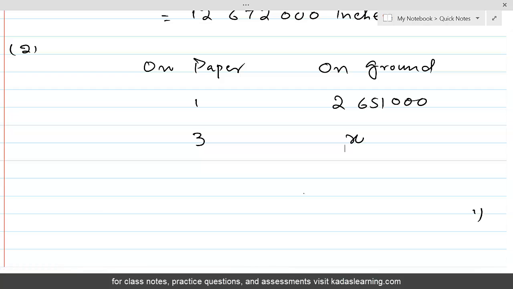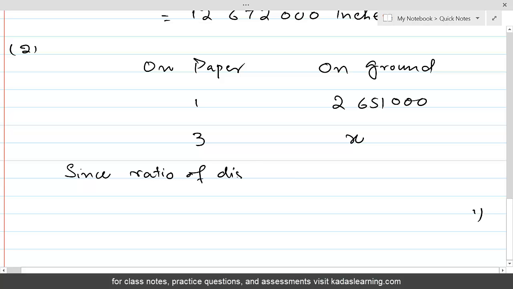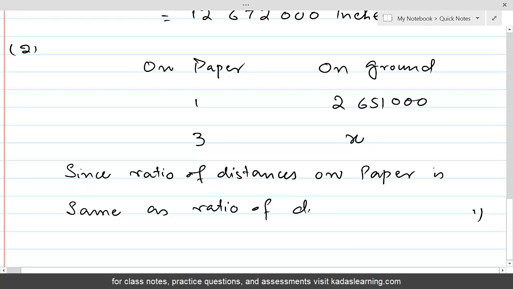But since ratio of distances on paper is same as ratio of distances on ground.